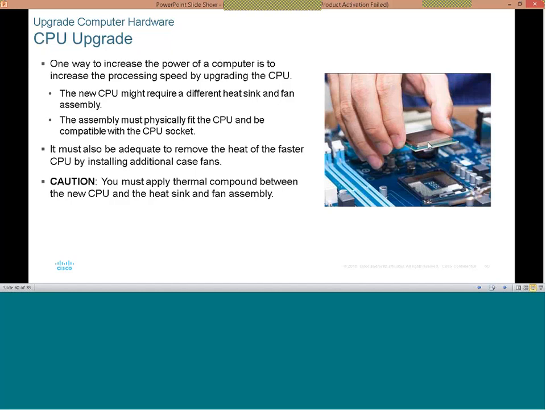I've tried this before, where the heatsink is removed and the CPU is powered on. If you just touch the back of the CPU, you could see how hot it is, hot to the point that it can actually hurt your hand. So that tells you the kind of heat they produce. So you must apply thermal compound between the new CPU and the heatsink and fan assembly. This is the precaution you must take if you want the CPU to stay for a long time.